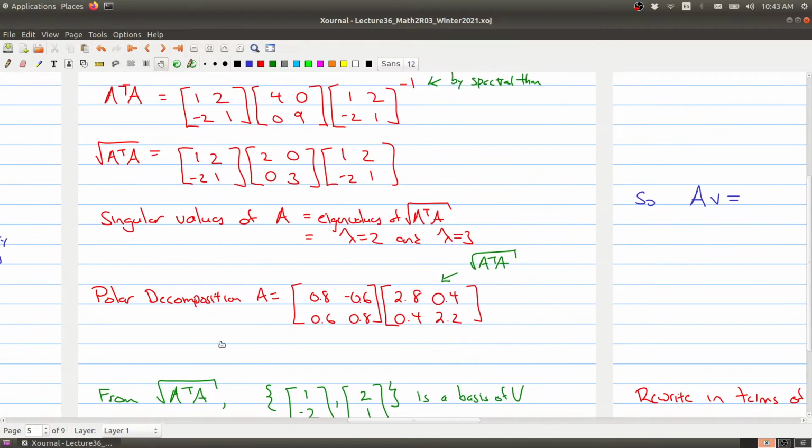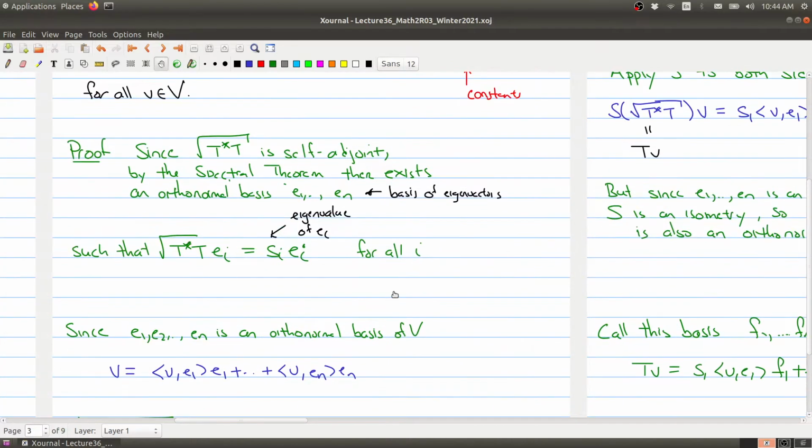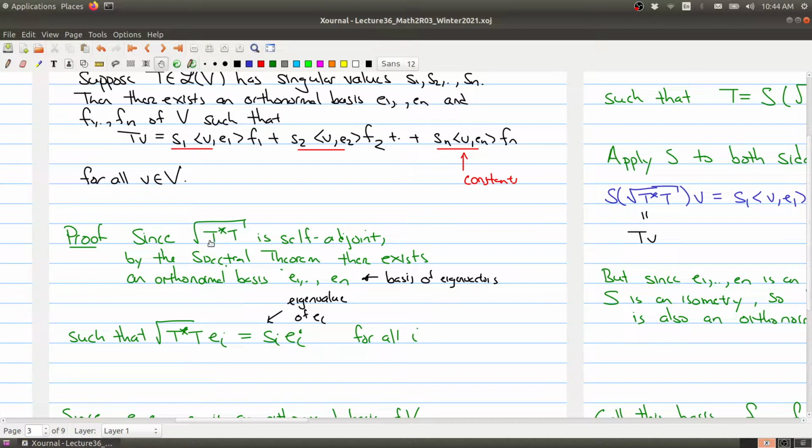So I want to go back here, and really what we're going to do is follow the proof. We have this operator, it's self-adjoint, so by the spectral theorem we have to find an orthonormal basis. We need a basis of eigenvectors that's also orthonormal, because we have the singular values here.